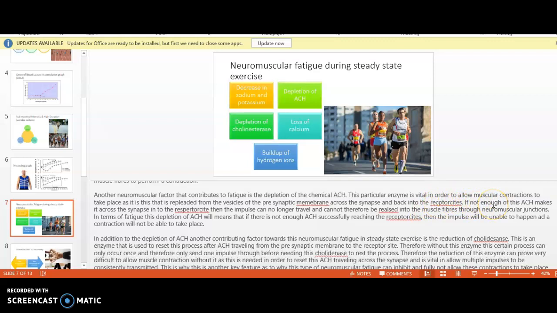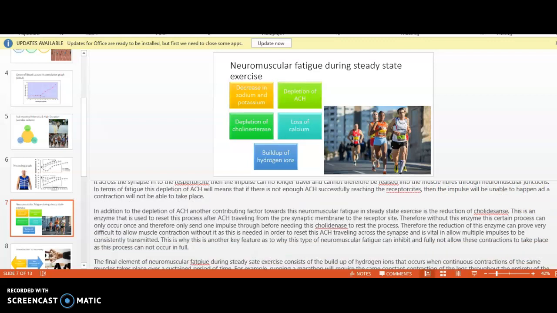If not enough ACH makes it across the synapse into the receptor sites, then the impulse can no longer travel and cannot be released into the muscle fibers through neuromuscular junctions. In terms of fatigue, if there is not enough ACH successfully reaching these receptor sites, then the impulse will be unable to happen and a contraction will not be able to take place.